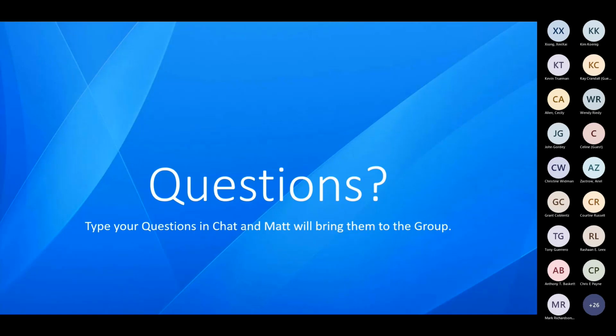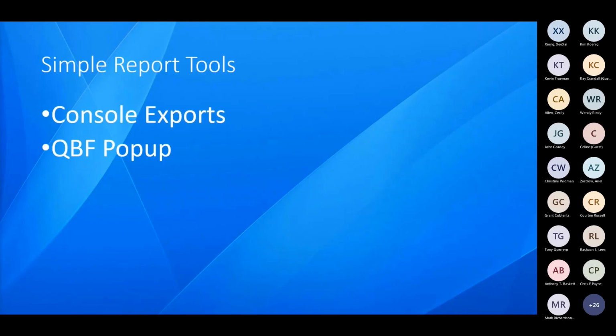All right. Okay. Let's get on to our next section then. The next thing we're going to talk about is some simple reporting tools. So this would be your console exports and your QBF pop-ups.